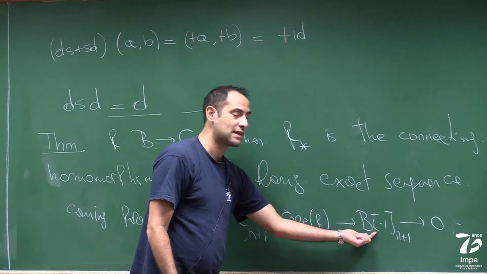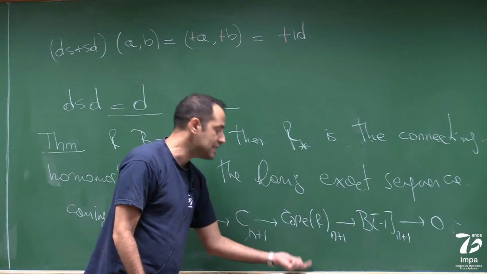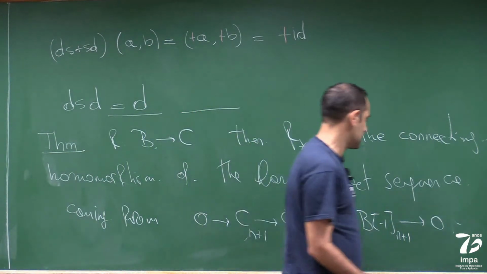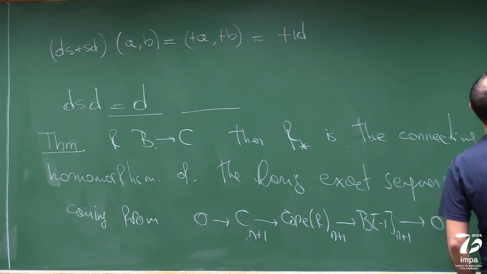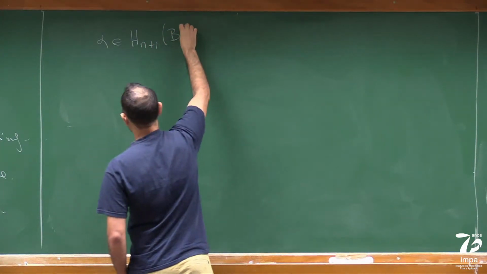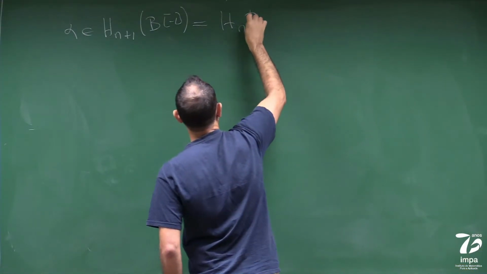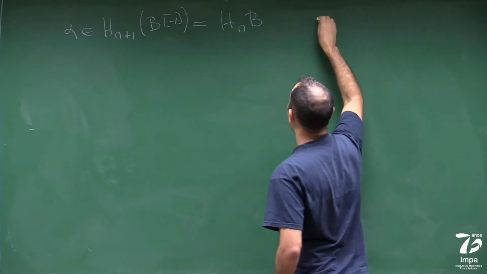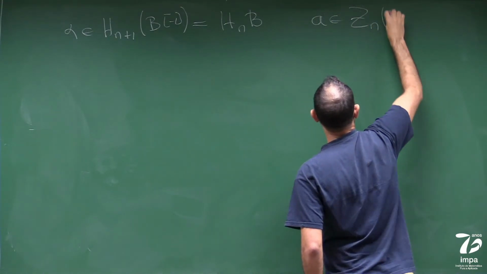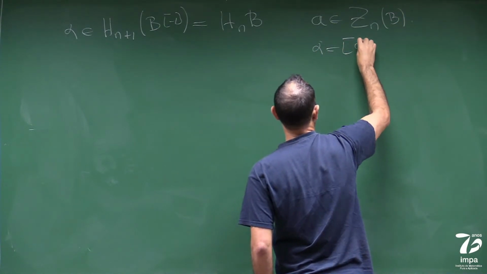If you want to look at the connecting homomorphism here, just lift this using the fact that this map is surjective, take d in here, and go back to C. So we grab a class alpha in H n plus 1 of B shifted by minus 1, which is Hn of B. And such an alpha is represented by A in Zn of the complex B. Alpha is the class of that guy.